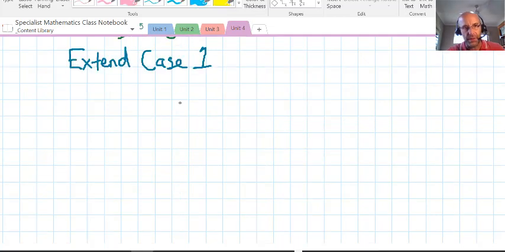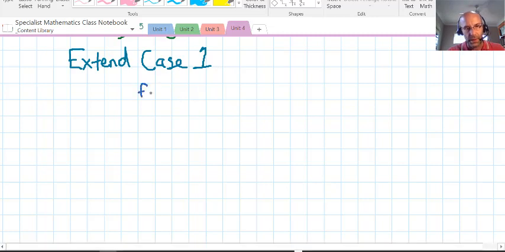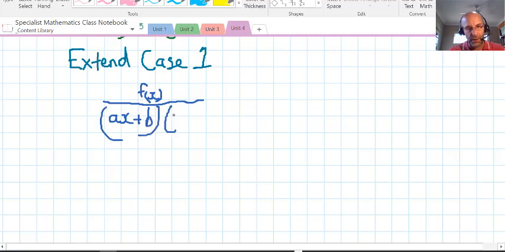Now, it is true that we can extend case 1, distinct linear factors, into this form here. So we only had ax + b on the top, but we really could have f(x) on the top, some function of x, and instead of just the x + c, x + d form, we could have these linear factors which have a coefficient with the x, coefficient other than 1.